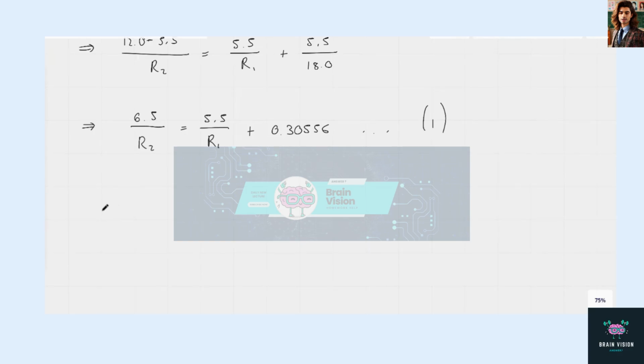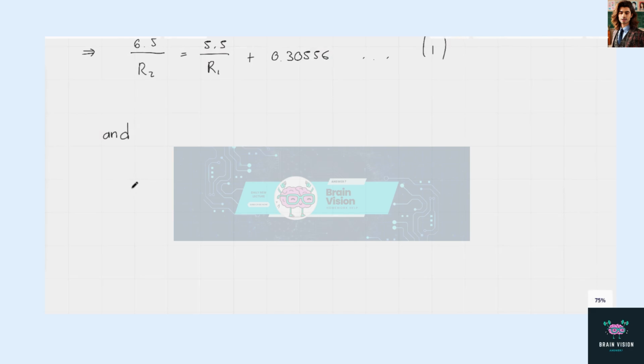Now we'll do the same for the second of the two equations. And we have epsilon minus VR2 divided by R1 is equal to VR2 over R2 plus V2V over RV.